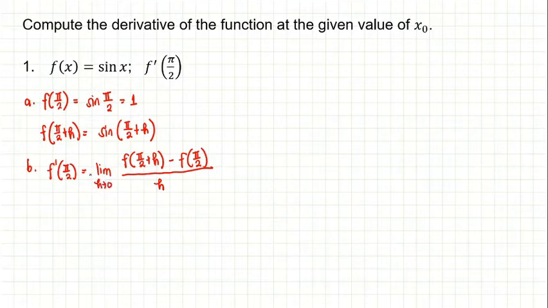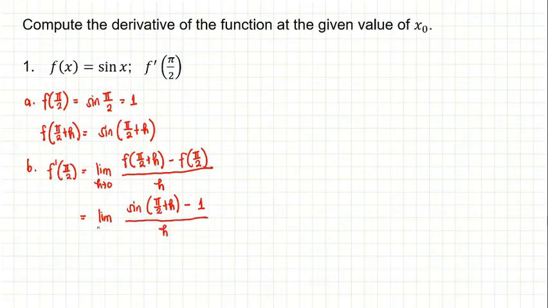So from that, let's substitute the values. We will have the limit of f of pi over 2 plus h is just sine of pi over 2 plus h minus f of pi over 2 is equal to 1 all over h as h approaches 0.